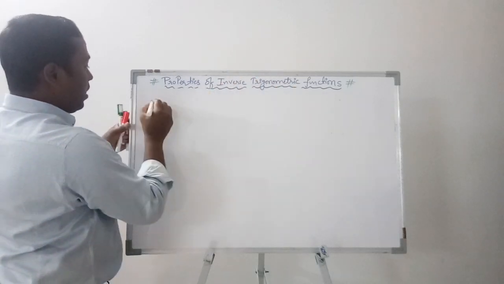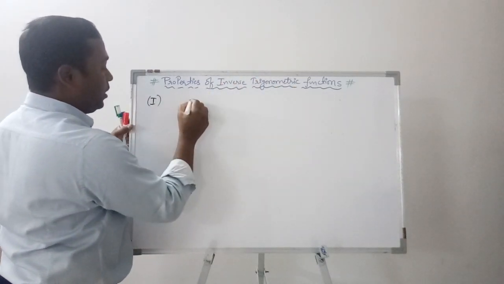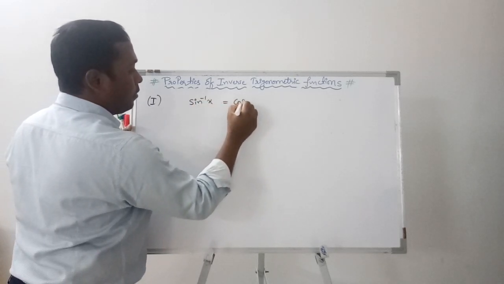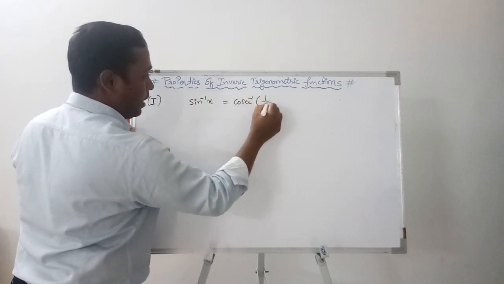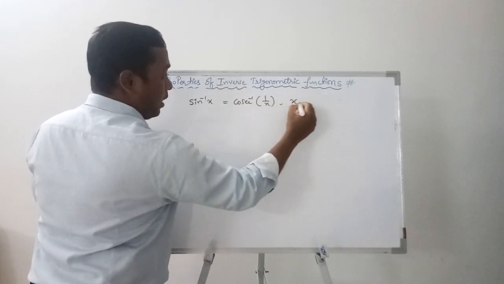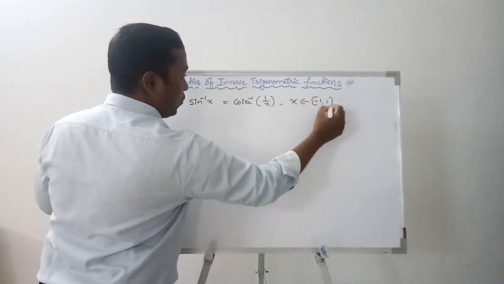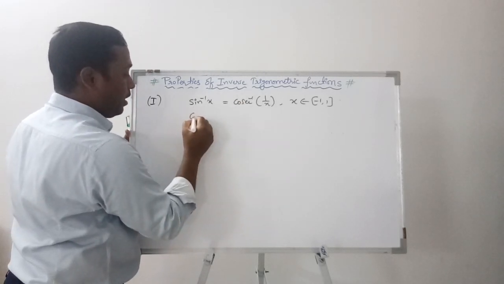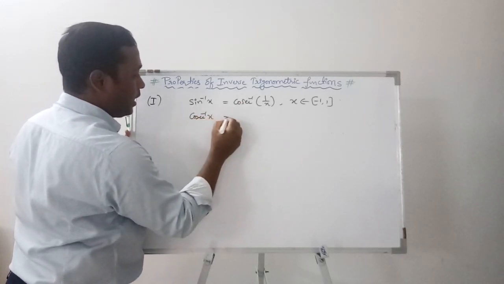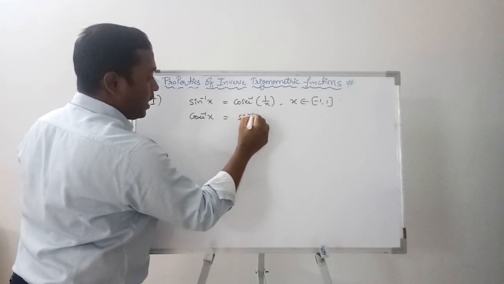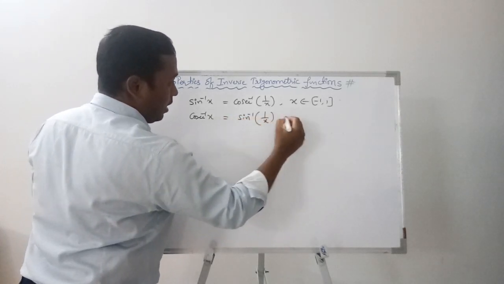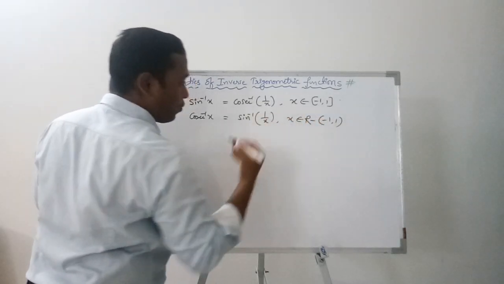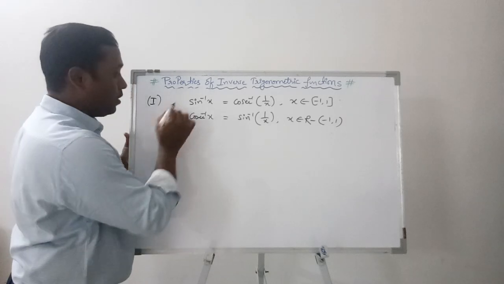So in this manner, I can simply write the formulas. In short, sin inverse x can be written as cosec inverse of 1 by x. While speaking this, x must belong to -1 to 1 because we are dealing with the domain of sin inverse x. Similarly, cosec inverse x can be written as sin inverse of 1 by x, where x belongs to any real number except -1 to 1, as per the domain of cosec inverse x.